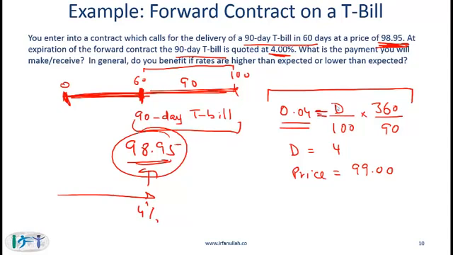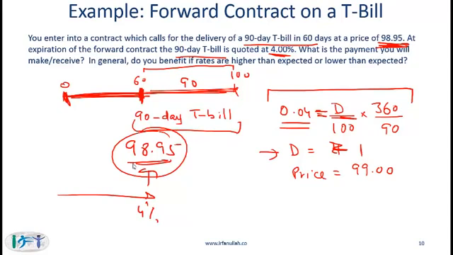That is equal to the discount amount divided by the face value, which here is 100, multiplied by 360 over T. This is a 90-day T-bill, so the time is 90. When you do the calculation, the discount will be 1. So the discount is 1, which means that the price is face value minus 1, which is 99.